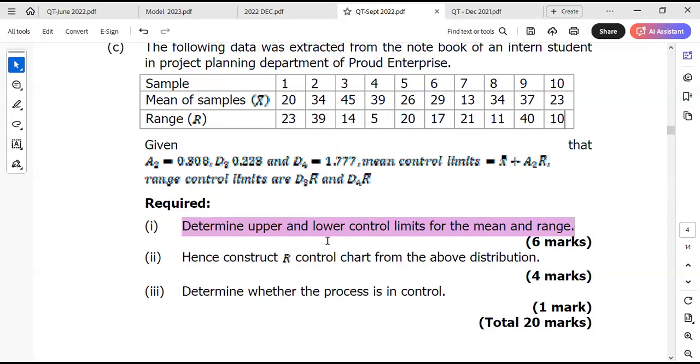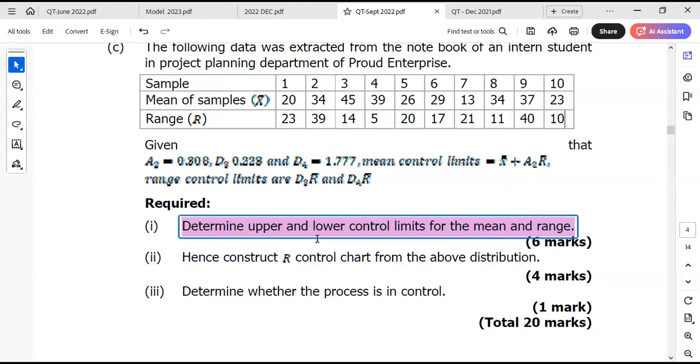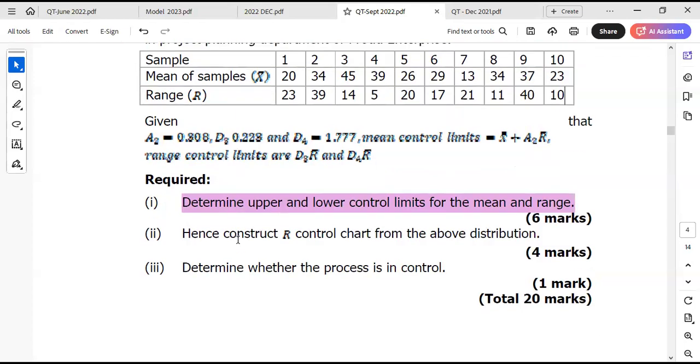Once you have your average range, then you can easily be in a position to get. Actually, it is good first to get the average range and the average mean. That is the mean of range and mean of means. Once you have those two, it can be easier for you to get the upper limit and lower control limit for mean and range. Here they are telling us that we do what?